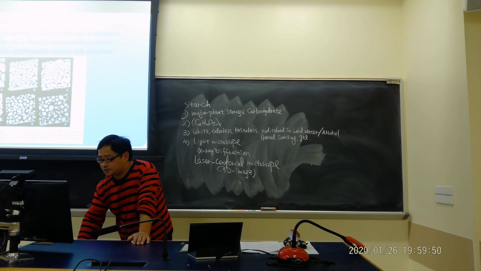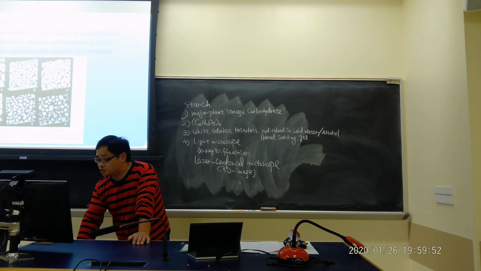So this picture here in our textbook is actually new, not in the 3rd edition, which is showing you the 3D images of starch granules using a confocal scanning laser microscope, or laser confocal scanning microscope. It's the same thing. You see the first one is potato, second one is corn, then tapioca, wheat, mung beans, and sweet potato.